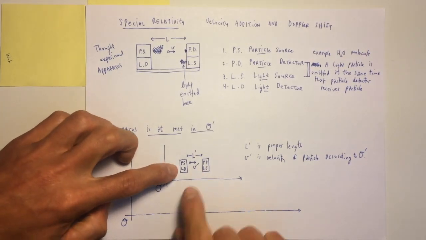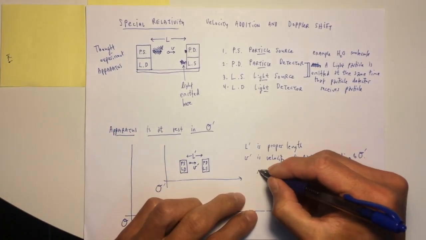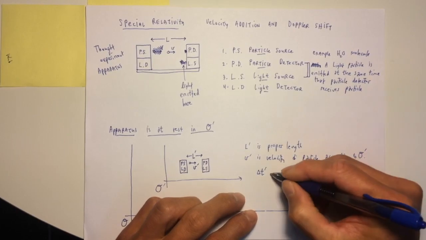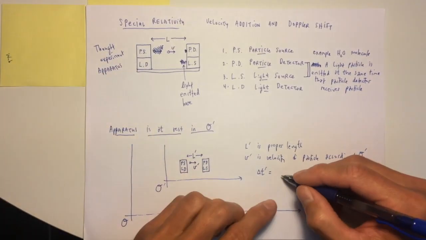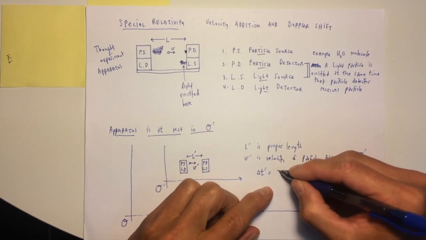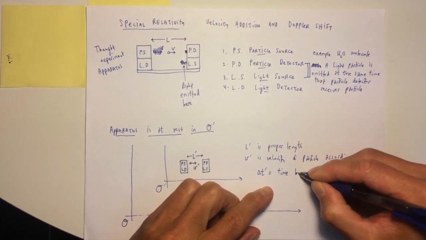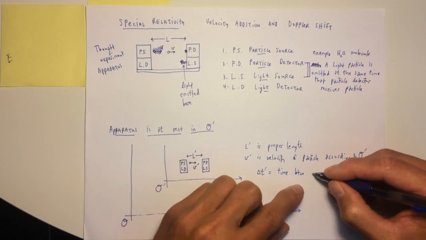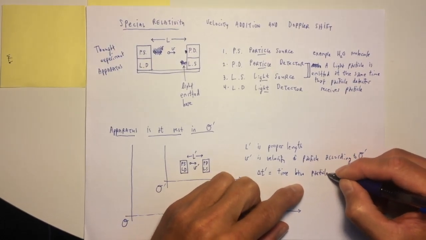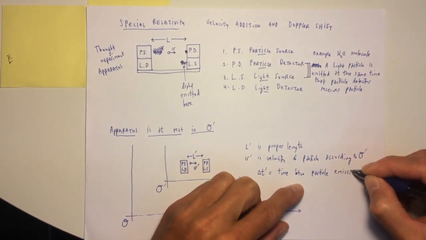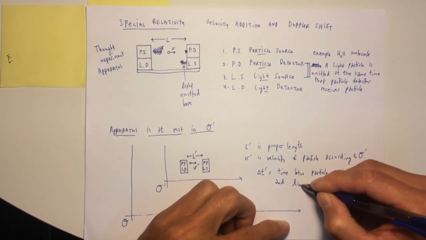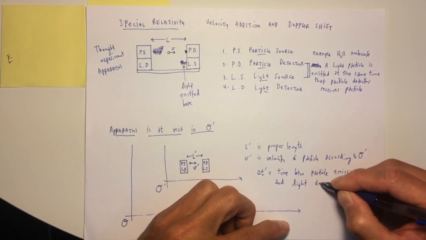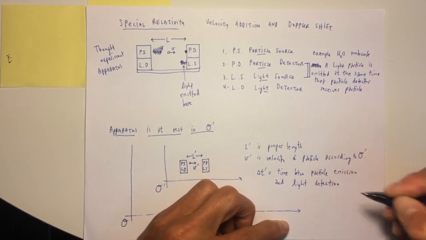So an interesting thing is, so delta T prime equals the time between particle emission and light detection, right?